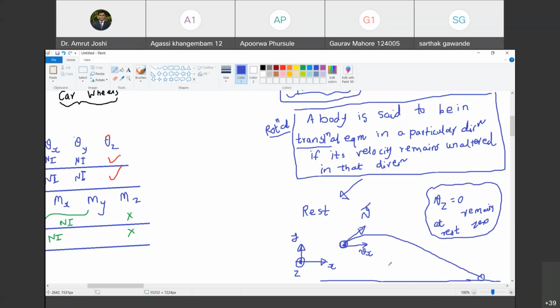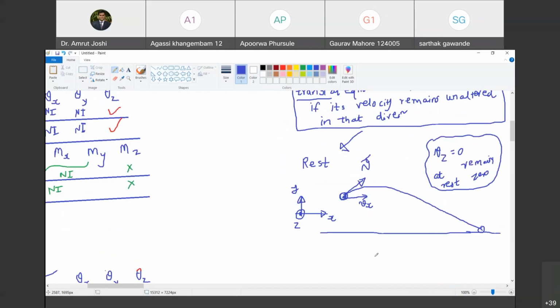Yes, sir. So if vx is constant, is the body in equilibrium in x direction? Yes, but sir, the reason is different. In z direction it is in equilibrium because it is at rest in z direction. In x direction also it is in equilibrium because it is moving with constant velocity. Are you with me? Yes, sir. So it exhibits translational equilibrium in x direction.